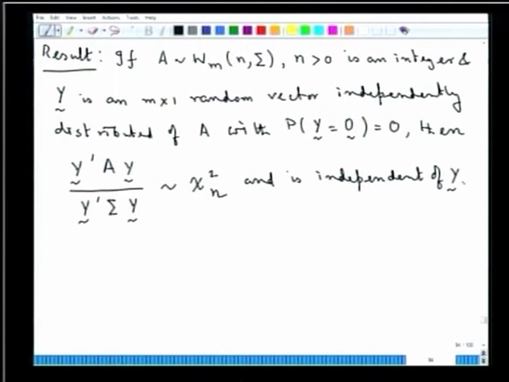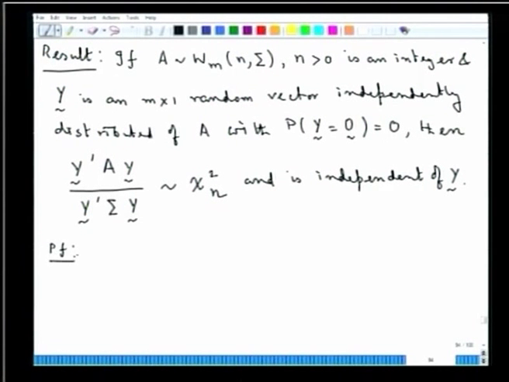Now note that first I had written this y transpose A y. The distribution of y transpose A y is obvious actually, because we had proved a result on Wishart distribution which said that if A has a Wishart distribution, then for a constant matrix A we will have A sigma A prime to have a Wishart distribution, and if we have certain condition, then that would follow a chi-square distribution.